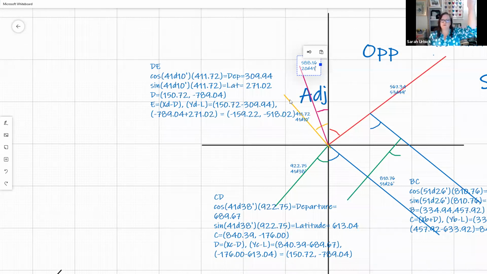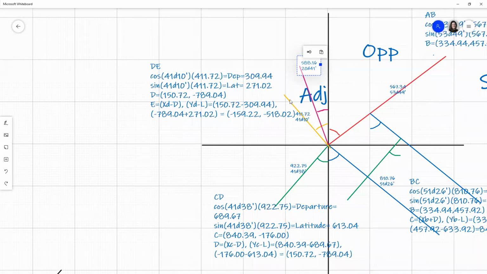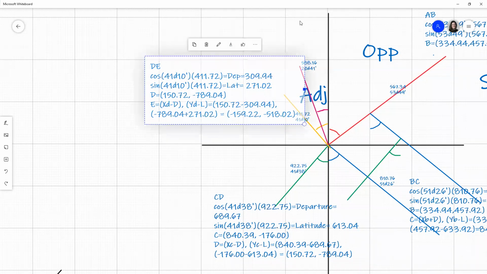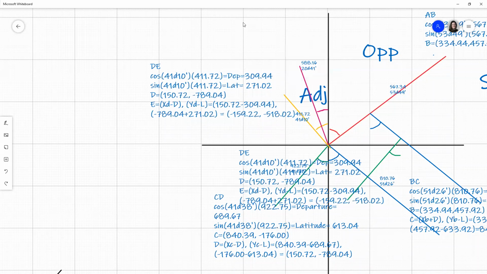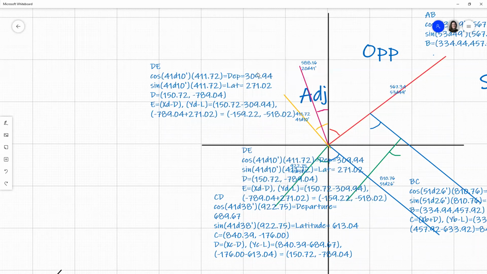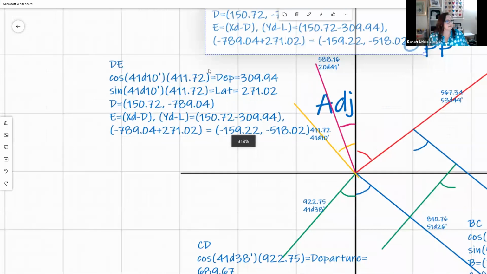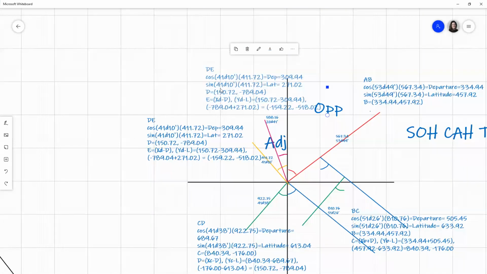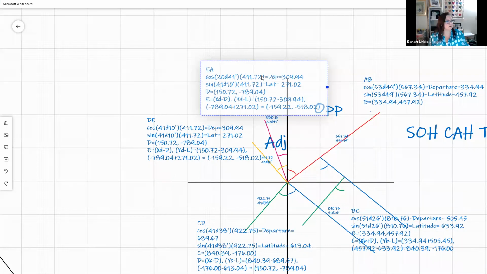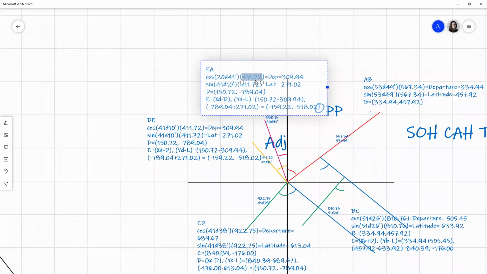So we're going to add the vertical component and subtract the horizontal component. So this one's going to be from E to A. 20 degrees, 41, 588.16.